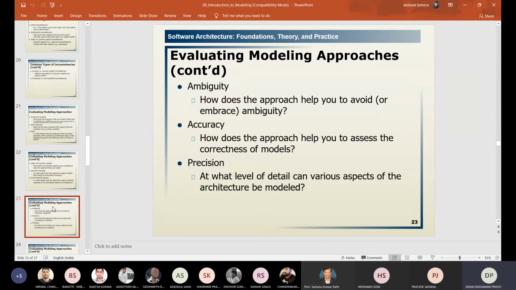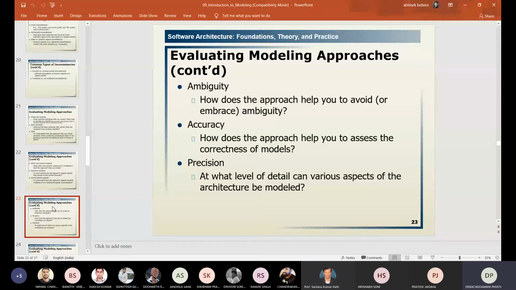Then accuracy. How does the approach help you to assess the correctness of the model? Although there might be errors during the modeling process, they should be within a certain limit. It should not extend that limit. And how will this approach help you to assess the correctness of any model?